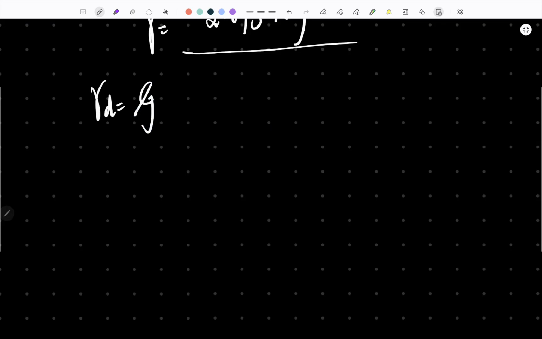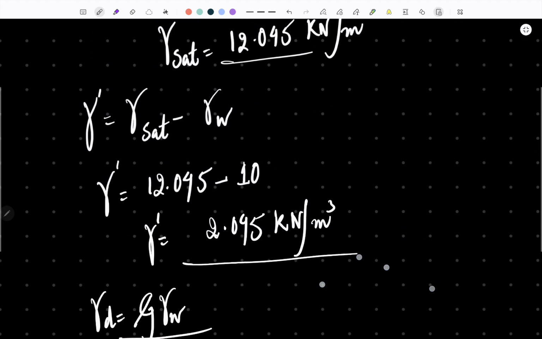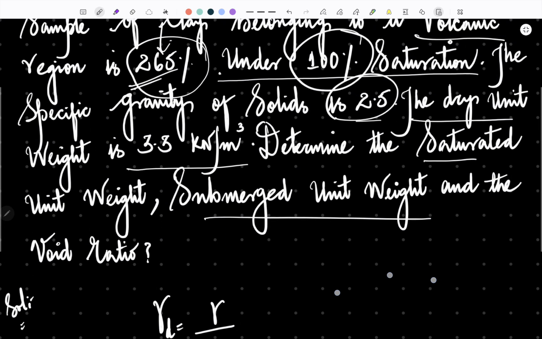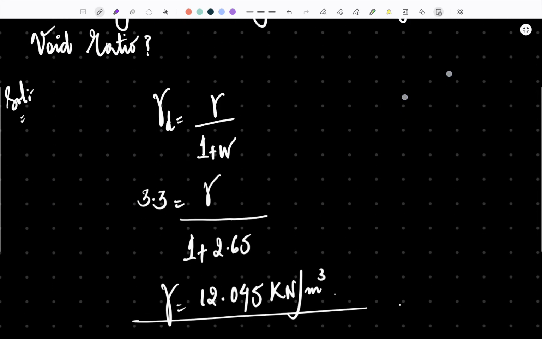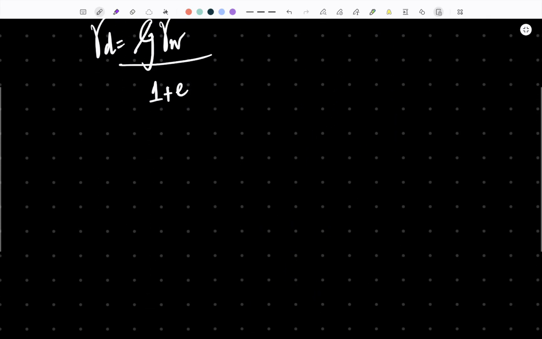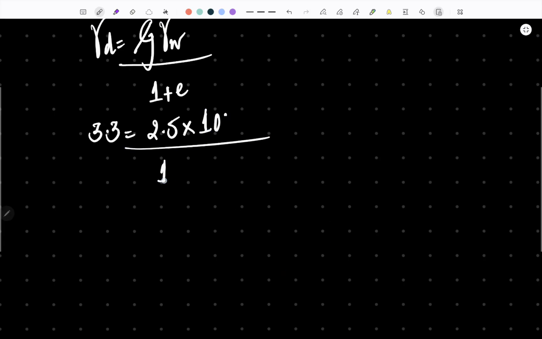The alternate equation is dry unit weight equals G gamma W over 1 plus E. The dry unit weight was given in the question itself, 3.3 kilonewton per cubic meter, G is 2.5, unit weight of water is 10, 1 plus E. By calculations, 1 plus E is equal to 7.57.